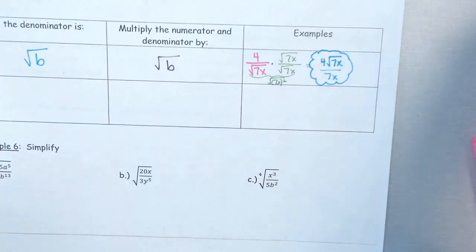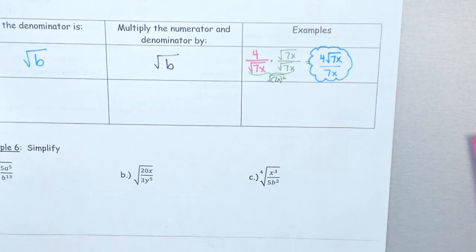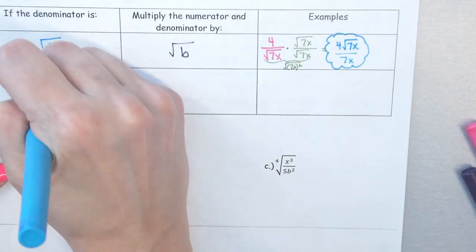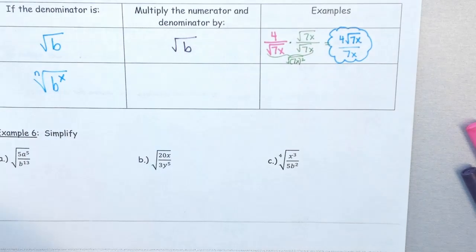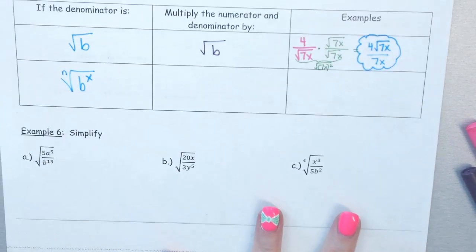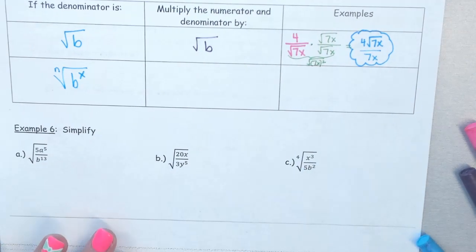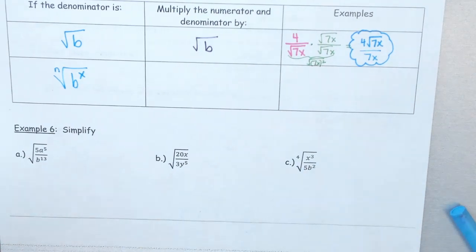Okay, and then Silas mentioned, well, sometimes it's not a square root, right? Sometimes we have a cube root or a fourth root. So that's going to be a different pattern. If you have the nth root of b to the x power, there is a formula that we can derive. We're going to do the example first, and then we're going to talk about what that is.